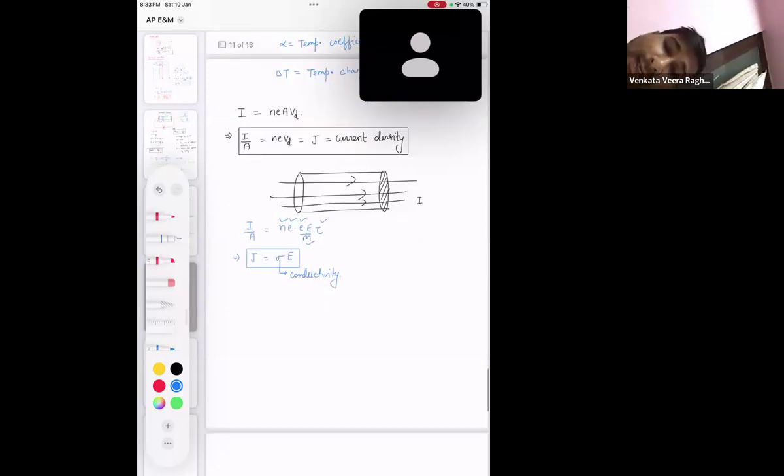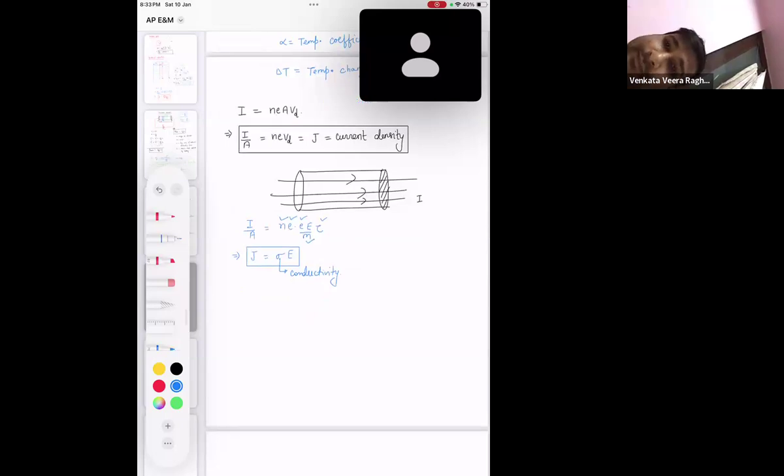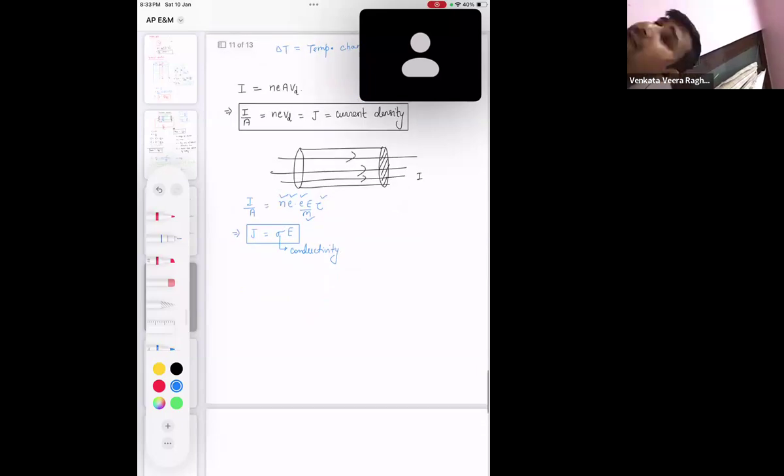Clear? Understand about the current density? Current density is current per unit area. Sometimes the current will be given and they will ask for the current density, so you should divide it by the area to get the current density. Sometimes the current density is given in the question and they ask for the current. How do we calculate it?